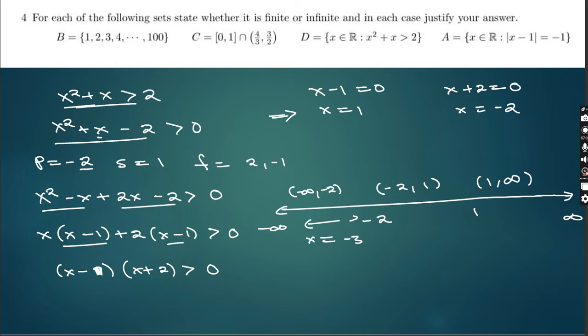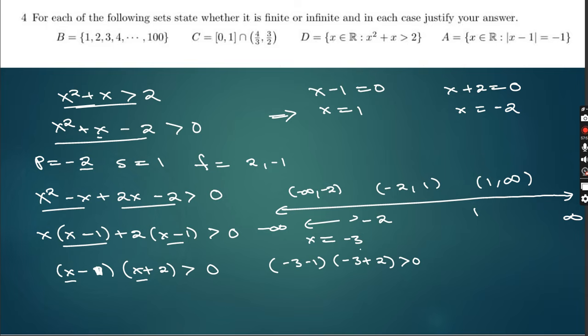So we're going to replace x with -3 in this inequality. We are going to have -3 minus 1, multiplied by -3 plus 2. Then our condition is greater than 0.